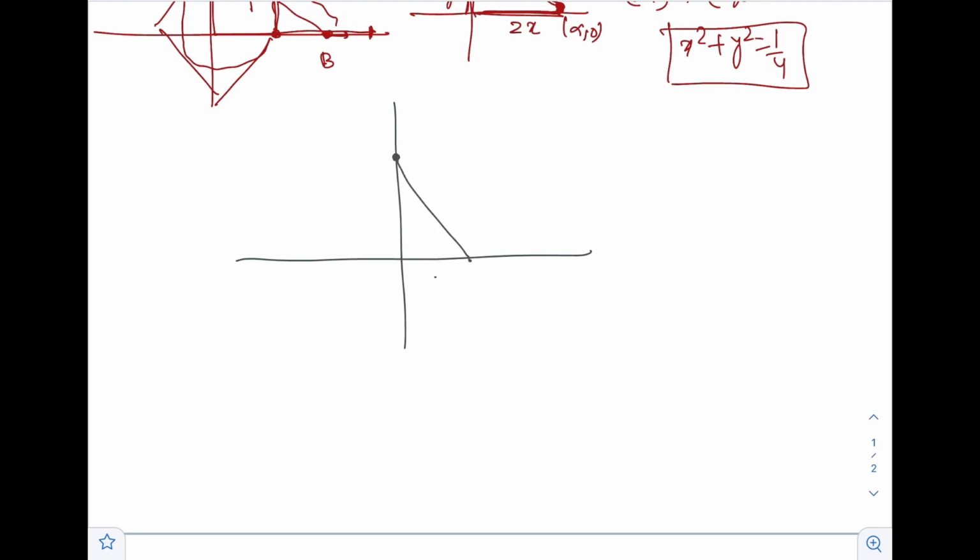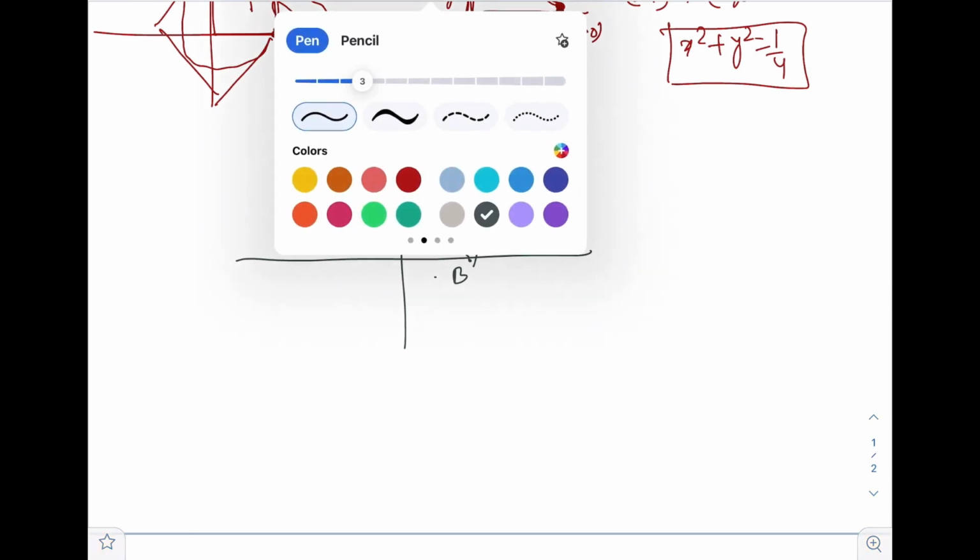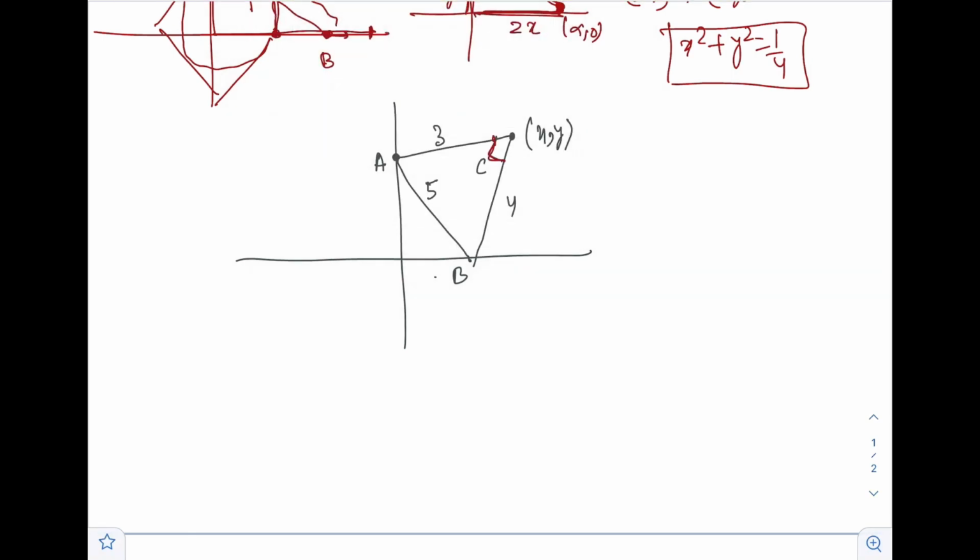In order to solve this problem, let's draw the diagram first. So we have angle C over here, it's 90 degrees, and points A and B with sides 3, 4, 5. We need to relate x comma y. From the diagram, it's quite clear that since angle C is 90 degrees and the angle at origin O is always 90 degrees, we have a quadrilateral AOBC.